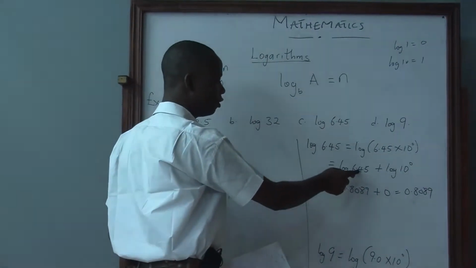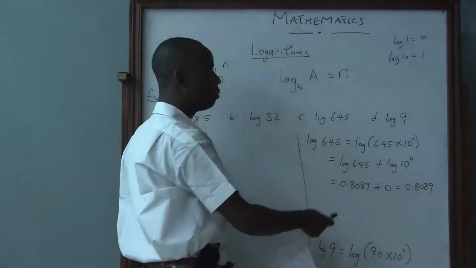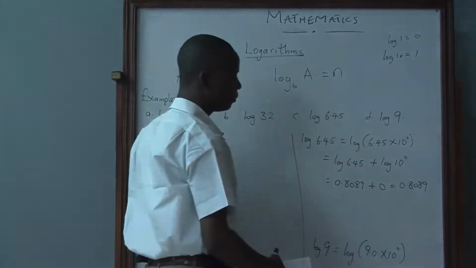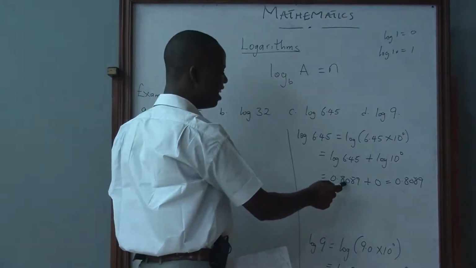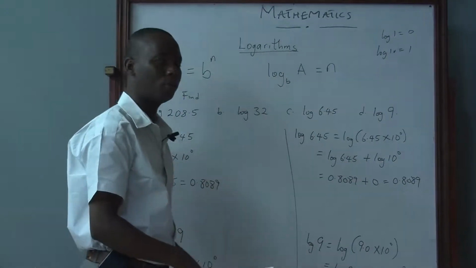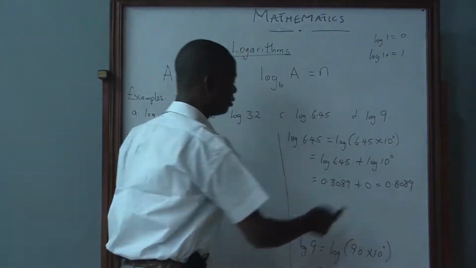And 6.5 is a number between 1 and 10, so its log will be between 0 and 1. So that will be 0.8089, looking it up from the table. And when we add this plus this, it gives us this.